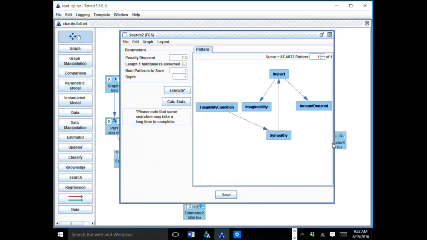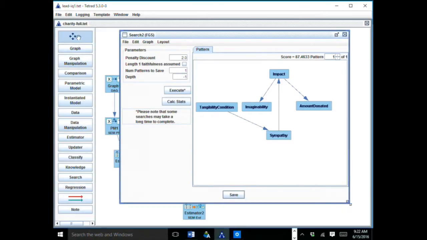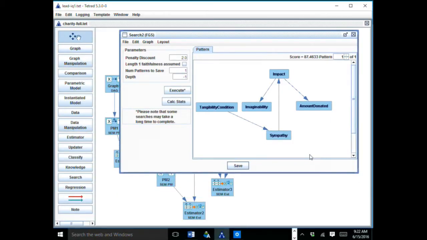But this is the model that I get, which is fully oriented because of this, which is kind of interesting. Since tangibility is exogenous, this connection has to be oriented, and because this is a non-collider, that orients this, and then because this is a non-collider, it orients this. So everything gets oriented by that one assumption about tangibility being exogenous.